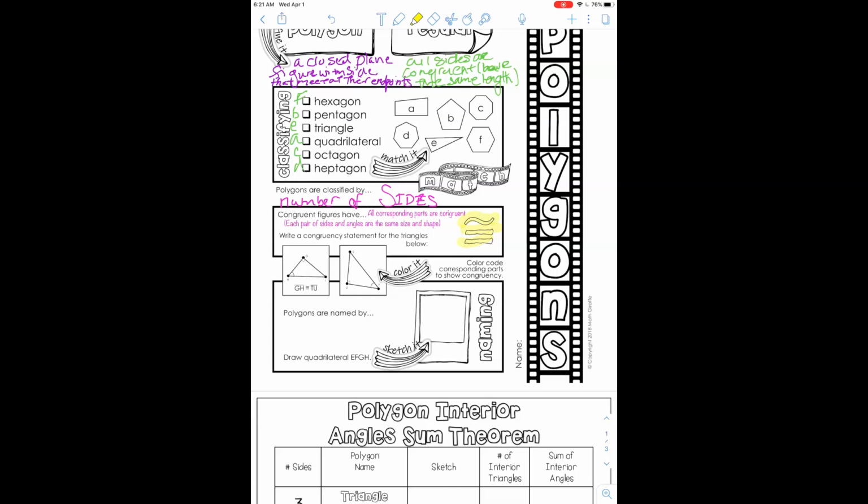So if we look at these 2 triangles, we look at their matching sides. So HG is congruent to UT.